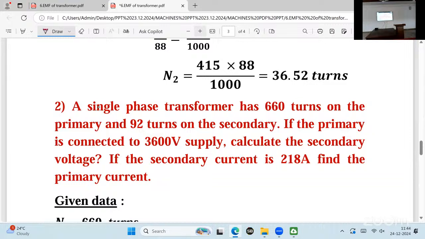If the primary is connected to a 3600 volt supply, calculate the secondary voltage.